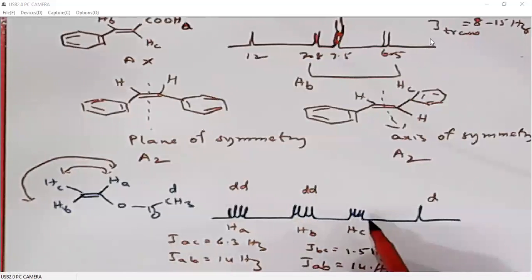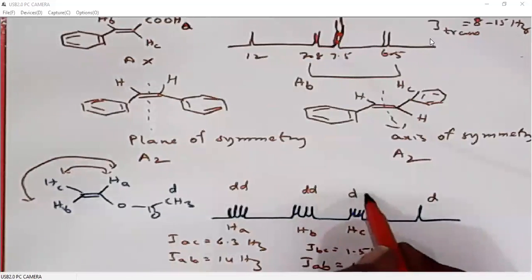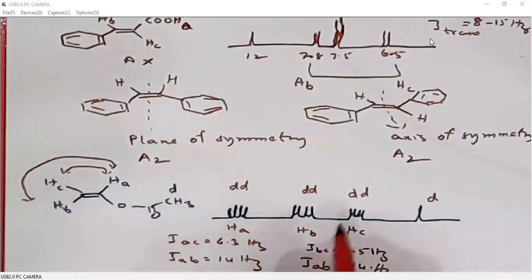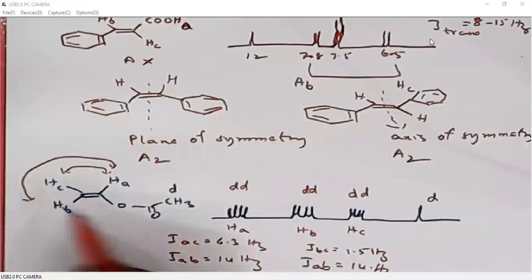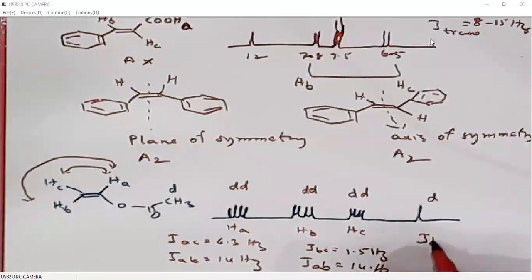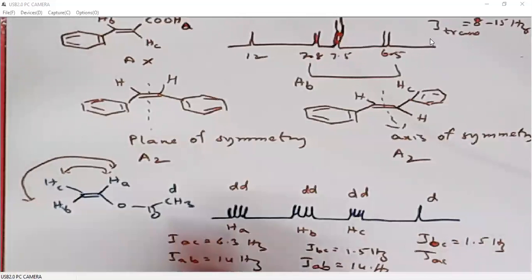Okay, but now look at this. This is again a doublet of doublets. But see, the doublets are not well separated. Compared to the other, they are less separated. Why? Because it has geminal coupling, which is very small. Then it has cis coupling between A and C, and cis coupling is also small.